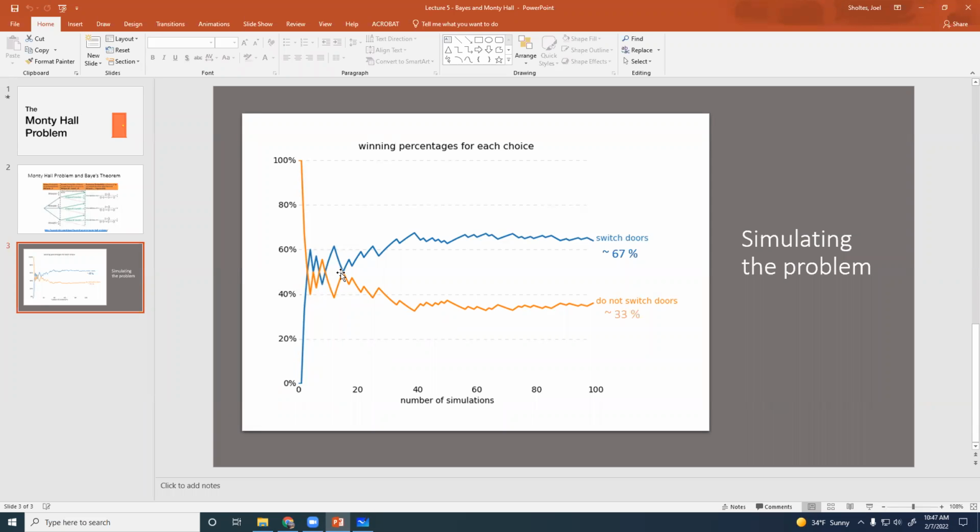Here is the switching choice, every time they switch. Over 100 simulations, they get about 2/3, and if you don't switch, over 100 simulations on average it's about 1/3. So that's just the numbers. A little bit of voodoo, but it works out.